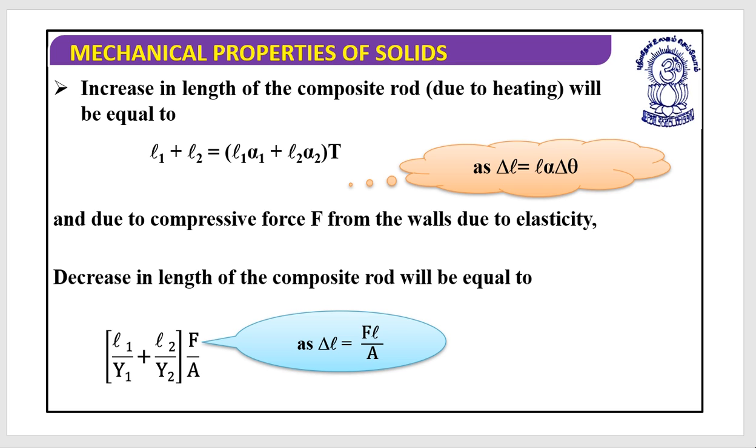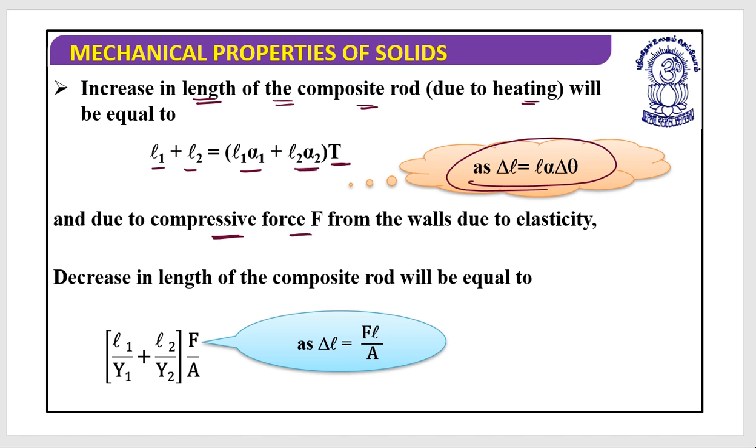Let's understand the situation. The increase in length of the composite rod due to heating is L1 plus L2, where delta L is L alpha delta T. So this is L1 alpha 1 plus L2 alpha 2, into T, because they have been heated by the same temperature.